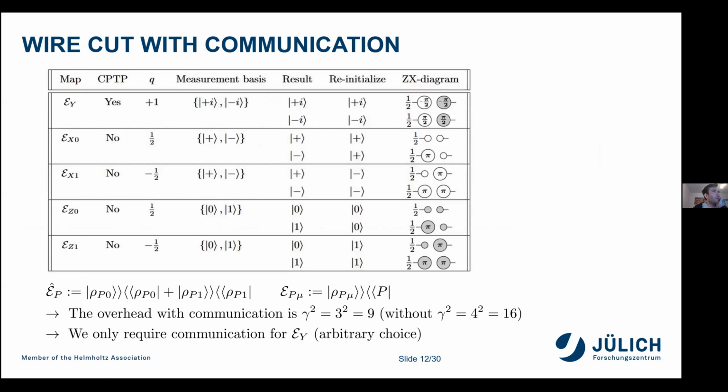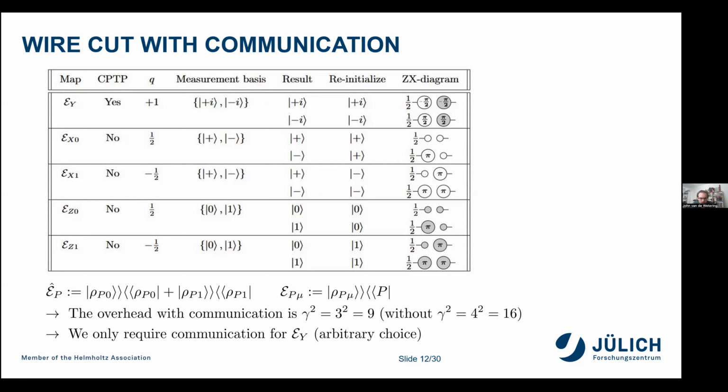Okay, wait, maybe we can use this. So basically that's how we translate the measurement and the reinitialization to the diagrams. Can you maybe ask the question again? I'm not sure if I understood correctly.